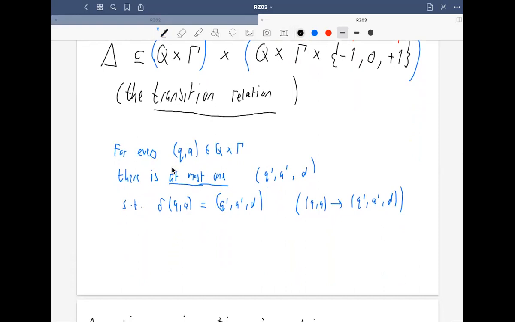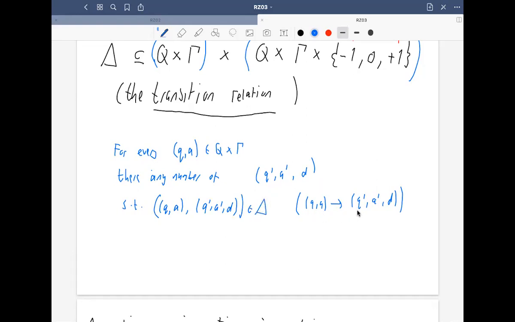And so whereas before, for every current state and tape symbol, Q, A, there was at most one new state, new tape symbol and displacement, there is now any number, including 0, potentially any number of new triples we can go to, of new state, new symbol and displacement, such that Q, A together with Q prime, A prime, D, this pair belongs to the transition relation delta.